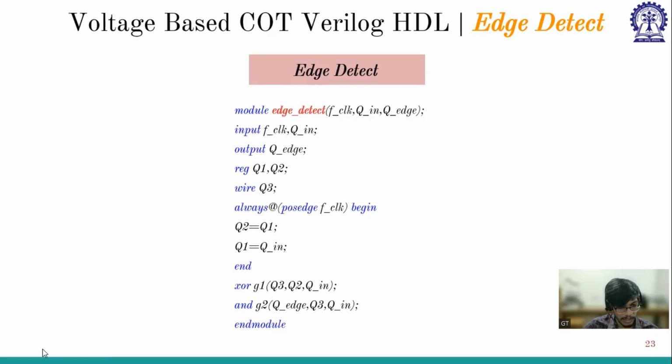So let us draw the circuit. Again, these 4 are declarations. At every edge of F clock, SAR is doing Q1 equal to Q input. So SAR is creating some delay. Let us assume that Q in is like this.